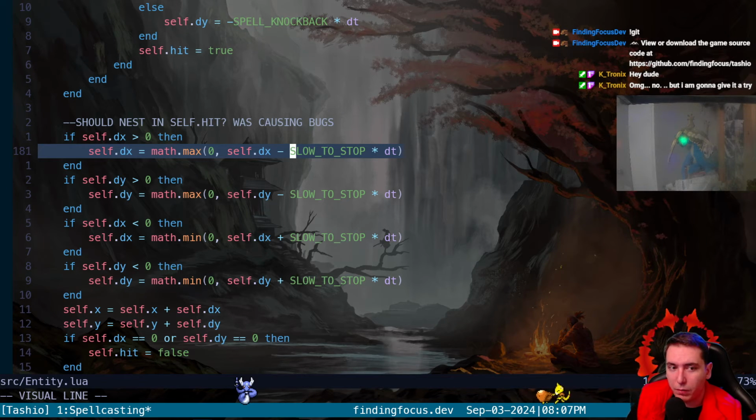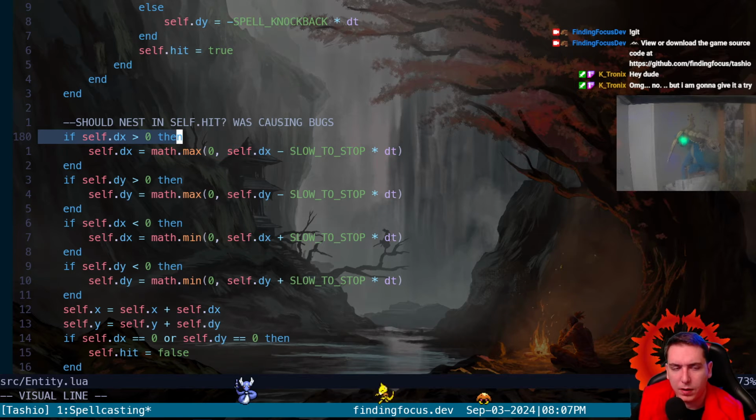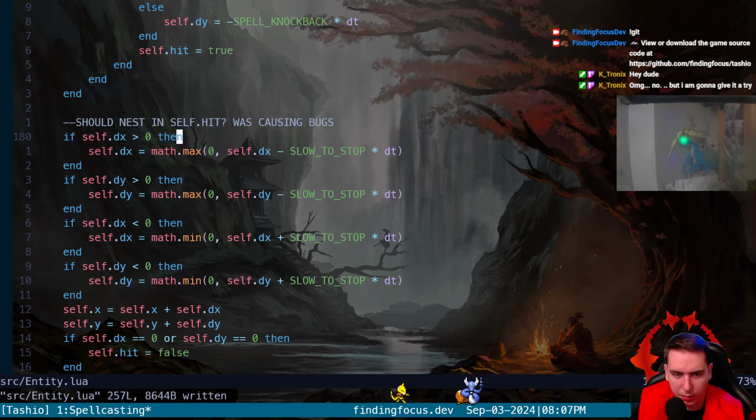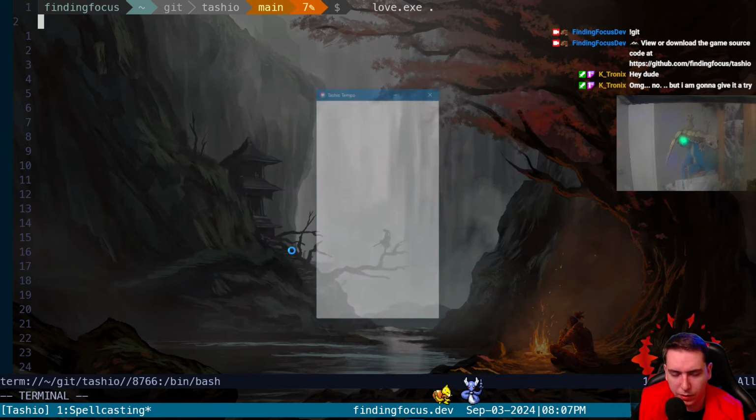So part of me thinks, in a perfect world, when we were modifying our dx to be a slow to stop right here, we're doing this only if we have a dx and dy, but I don't think dx and dy is being calculated correctly. So I think our slow to stop might not be... I don't exactly know.